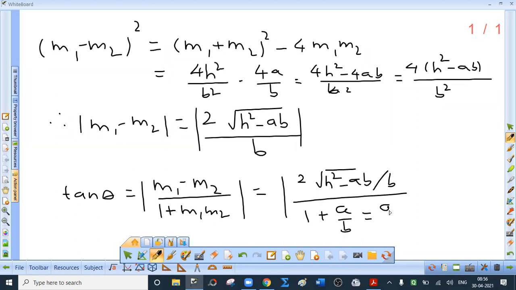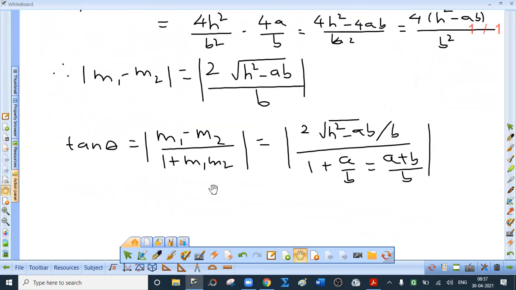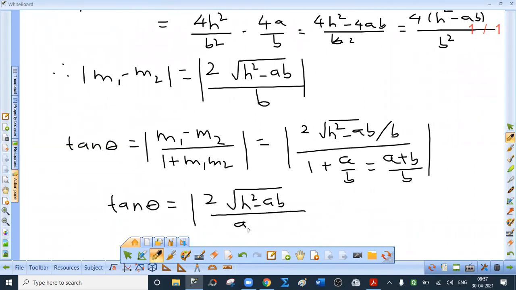Now here I write this as b plus a, that is a plus b upon b. So b gets cancelled and finally we get tan theta equal to mod of 2 root h square minus ab upon a plus b. That's it.